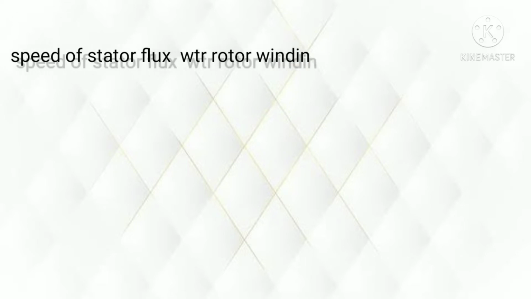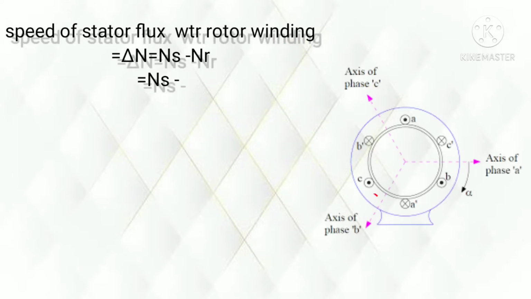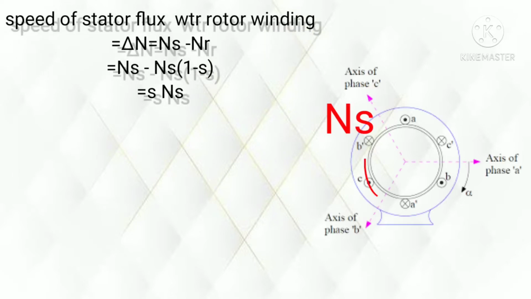Now the speed of the stator flux with respect to the rotor winding. The stator flux is rotating at the speed of Ns and the rotor winding is rotating at the speed of Nr. So the speed of the stator flux with respect to the rotor winding is delta N equal to Ns minus Nr, that is equal to s into Ns.